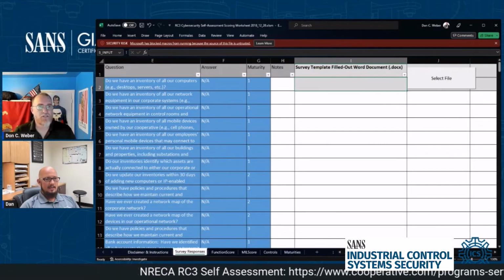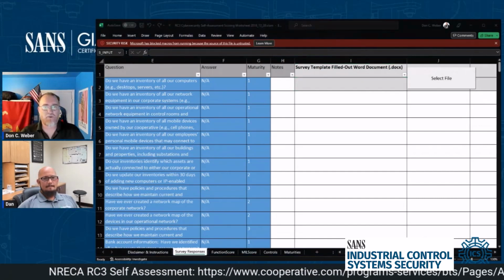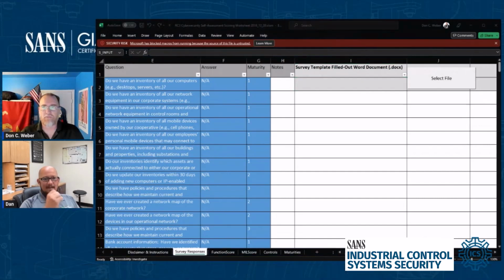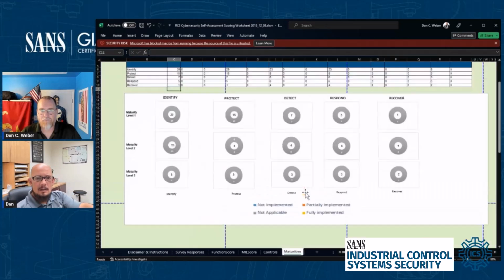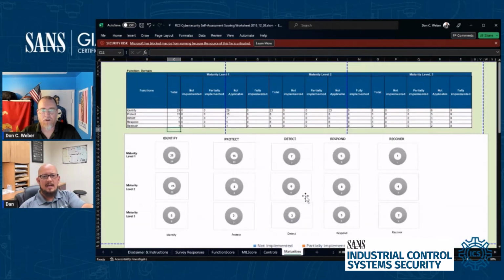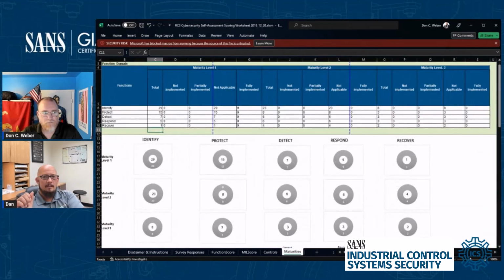So is this what you're talking about here, the spreadsheet, or did you want one of the other documents? Yeah, go to the maturities tab there, Dawn. Okay. And then you can see across the top. This is a metric sheet that we're looking at here, and obviously we don't have any data plugged into the program.